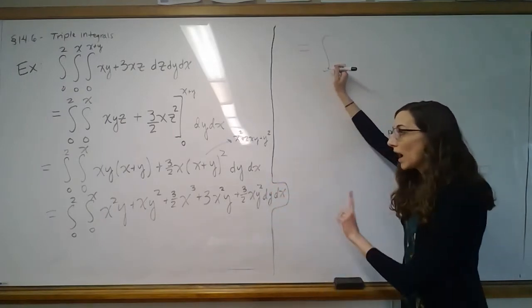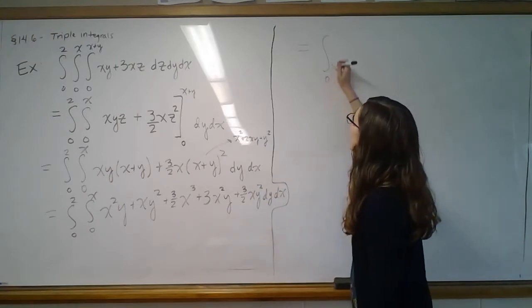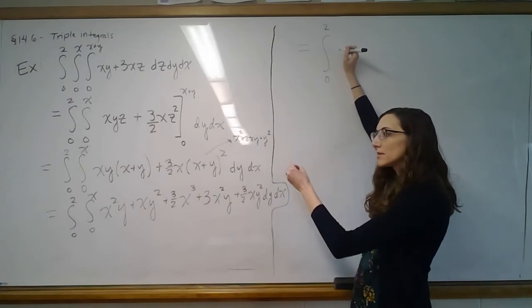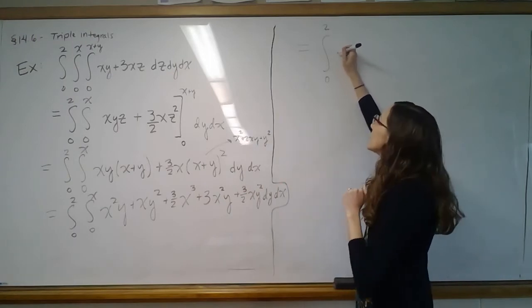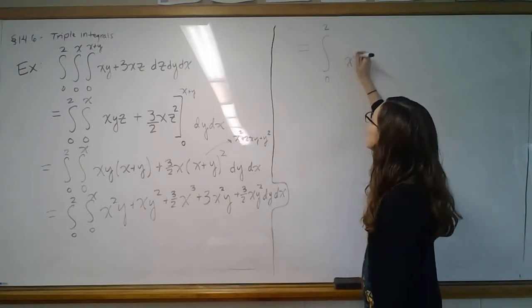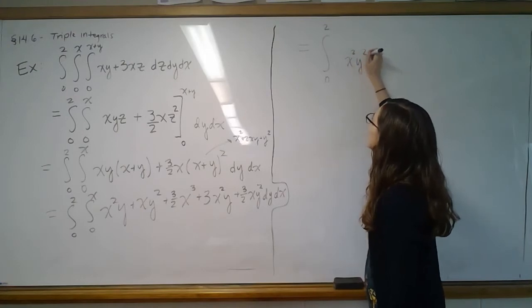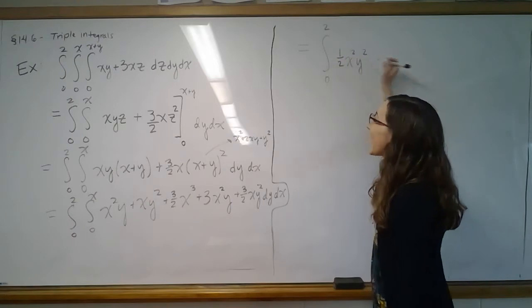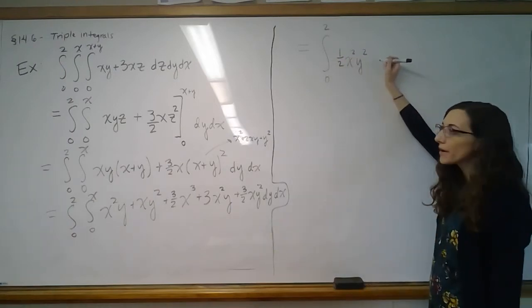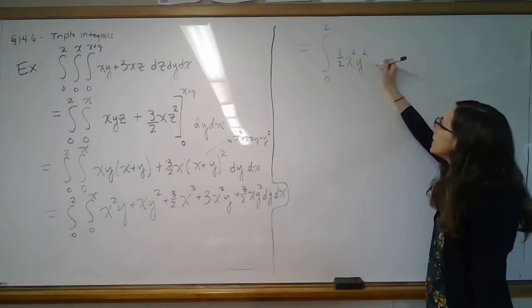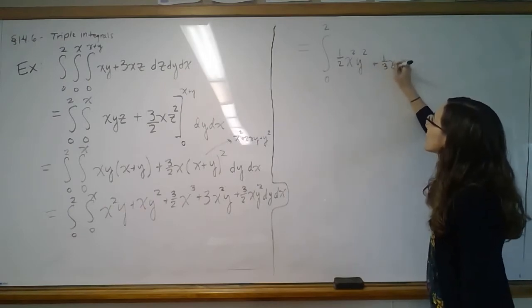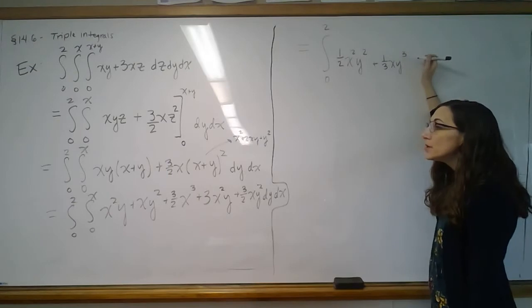Next, do the dy integration, so then we'll end up with 0 to 2. The first one, we've got x squared y, so remember x is our constant, so we'll really keep the x squared. Y will increase to a y squared, and we divide by the new power, so that will really be 1/2 x squared y squared, and then we'll have plus a third xy cubed.